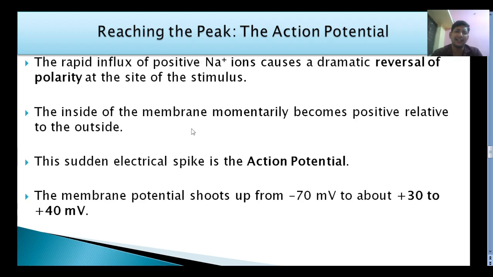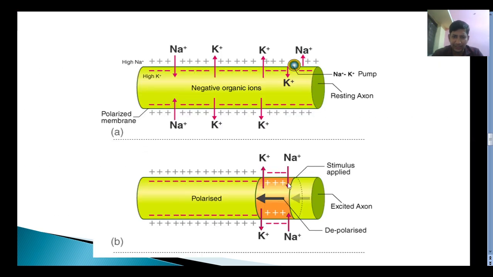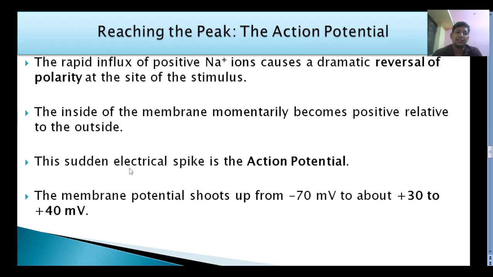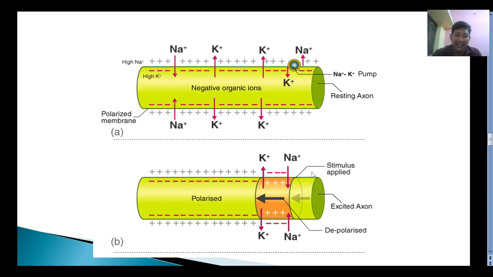The inside of the membrane momentarily becomes positive compared to the outside. Just now I told you the inside becomes positively charged. Why? Due to the influx of sodium ions. Now the sudden electrical spike is an action potential. So the action potential is generated at this region as shown in this figure.